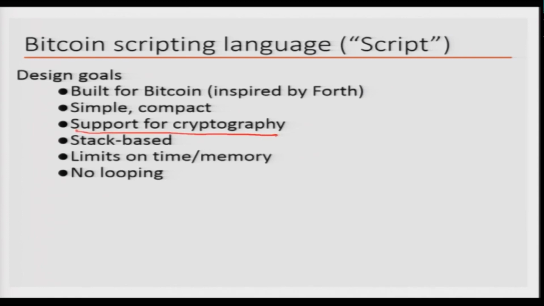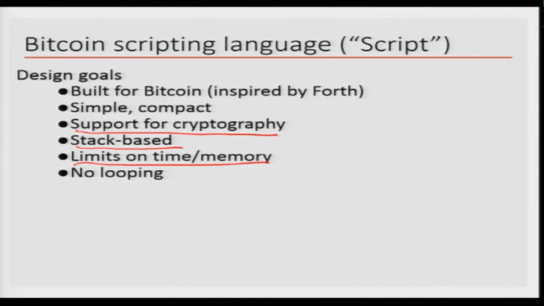It has a single instruction to compute a hash, and a single instruction to validate a signature. In that sense the instructions are pretty powerful, but it is stack based, and every instruction is executed just once, and therefore the time and memory are basically linear in the size of the script.